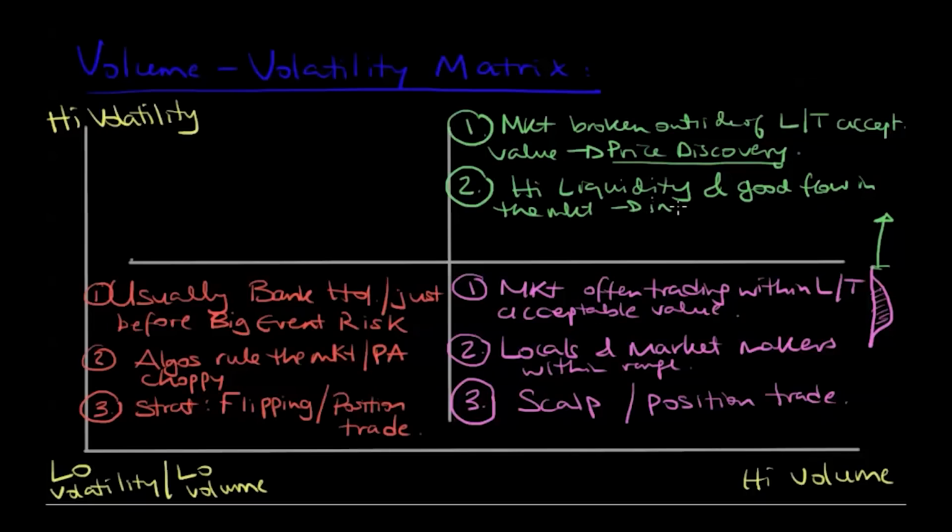There's good flow because there's institutions. So the institutions are present in the market, and they're moving size around. That's why you see liquidity. That's why, when it moves into areas where someone might think it's a good sell, they'll come in with good volume, and the buyers step in. There's good flow, good ebb, and you can read it.